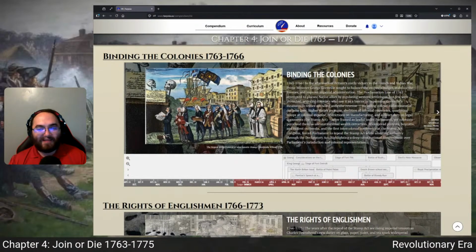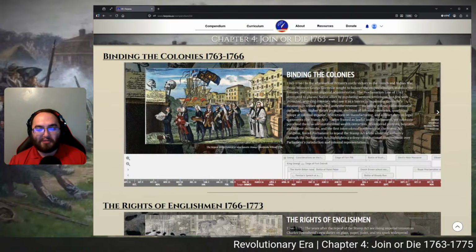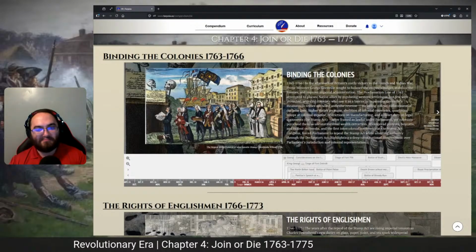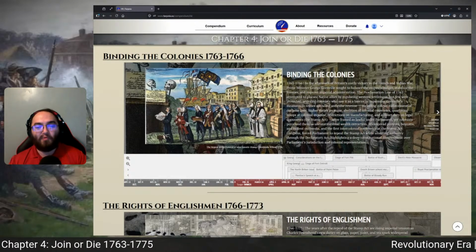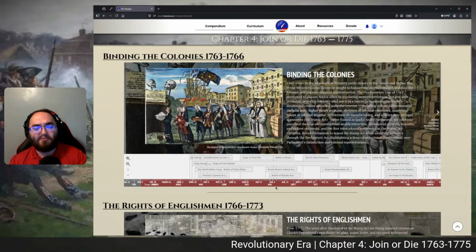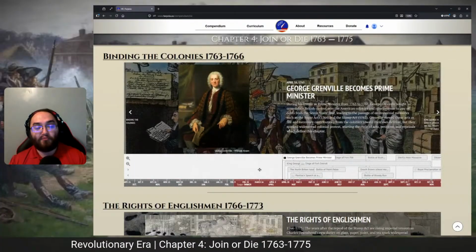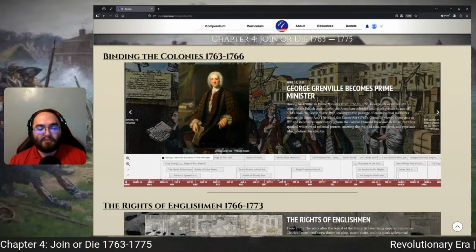Keeping track of European alliances is a challenge in itself. So we're just sticking to the North American colonial perspective of the war and the aftermath as well, and the English perspective.